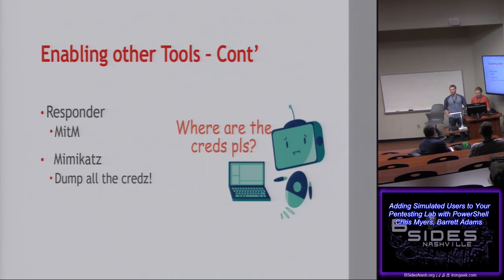If you have users configured to be running on those boxes, they'll have active sessions, they'll have logged in with their credentials, and those credentials will be cached. So if you pop one of those boxes and run Mimikatz, it's going to look just like it would if you popped a box on an internal network that has a real user sitting on it. Same thing with Responder, which we already mentioned. That type of man-in-the-middle traffic doesn't work unless there's actually traffic going back and forth between the systems.